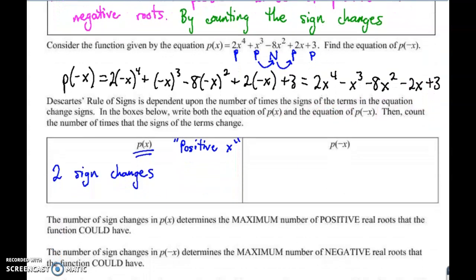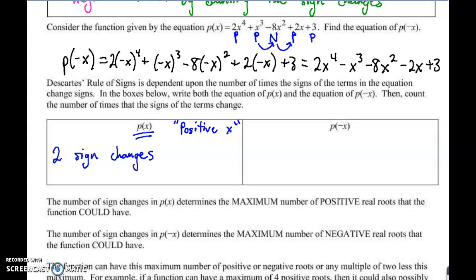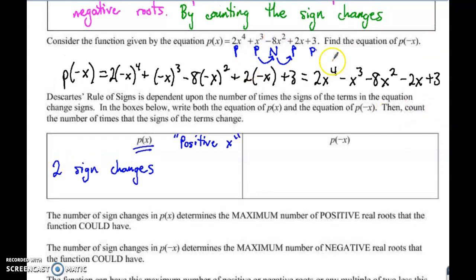And what the Descartes rule of signs says then is that there's either 2 or 0 possible positive roots. And the reason why there's 2 or 0 is, if we have a root that's positive and we want to keep the same end behavior, it would have to cross the axis twice.